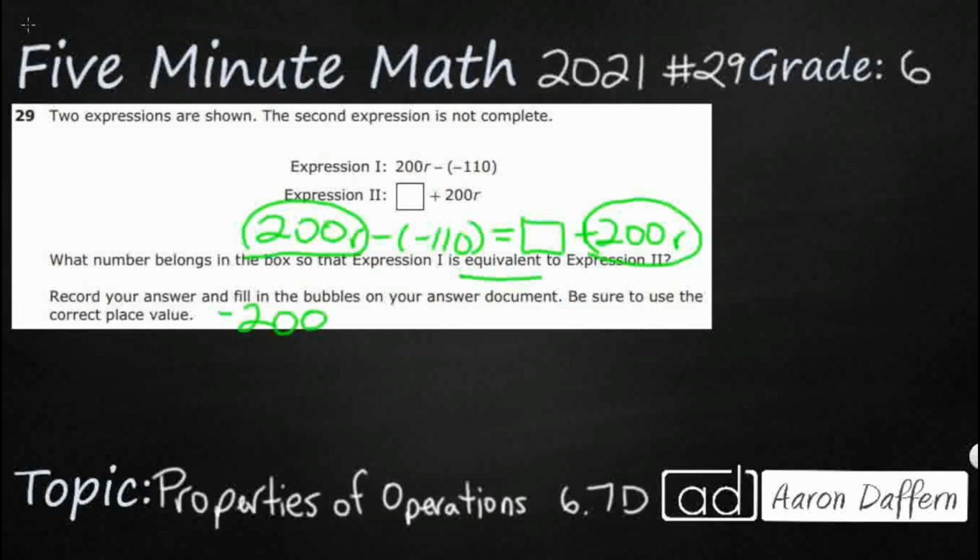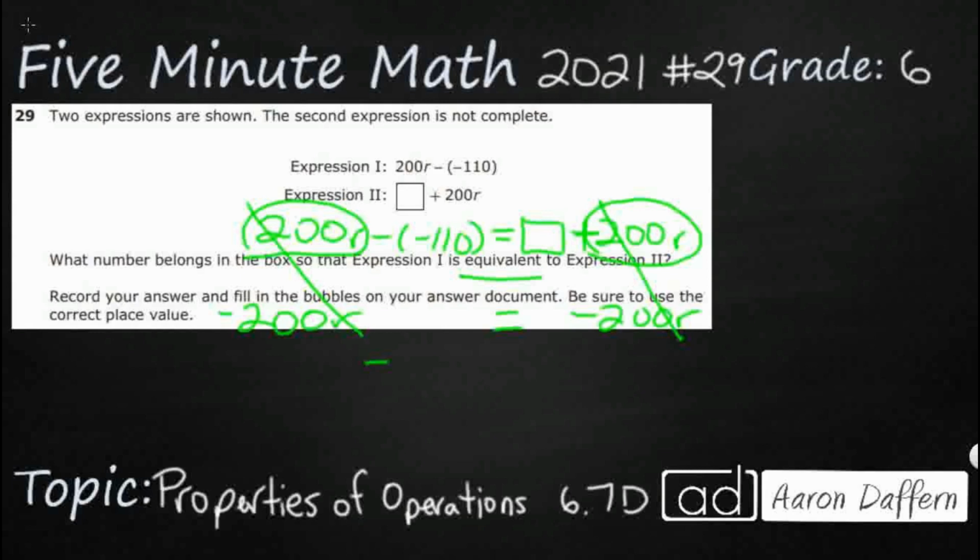What you'd find is you'd actually end up eliminating both of them. So 200r minus 200r is going to cancel those two out, and this plus 200r minus 200r is going to cancel those out. As long as we're doing the same thing to both sides of the equation, we're good.